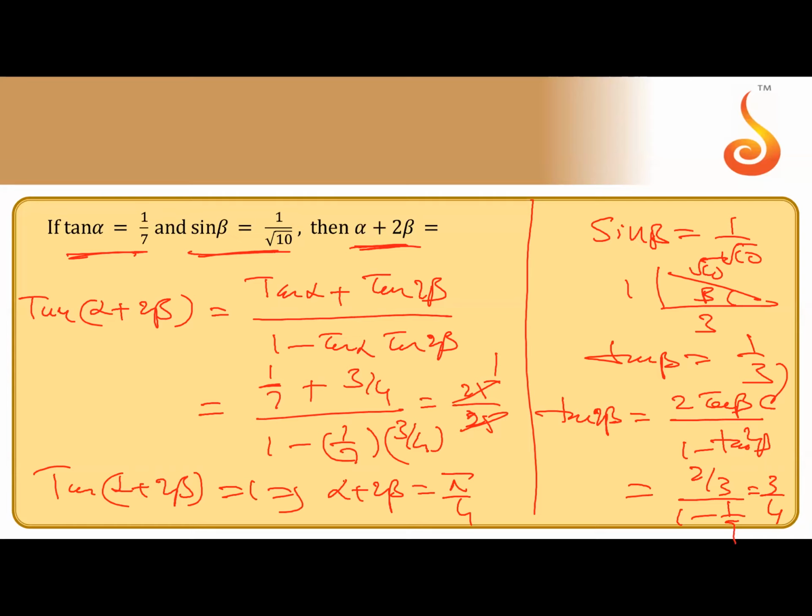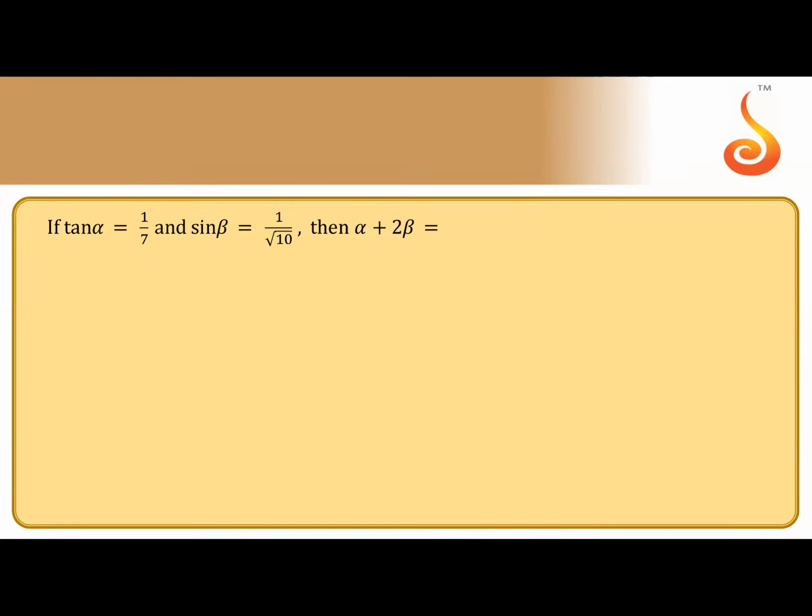And how to solve this question using inverse trigonometry? I will explain that also. This is alpha equal to tan inverse 1 by 7, plus 2 sine inverse, converted sine inverse to tan inverse, 2 tan inverse 1 by 3.